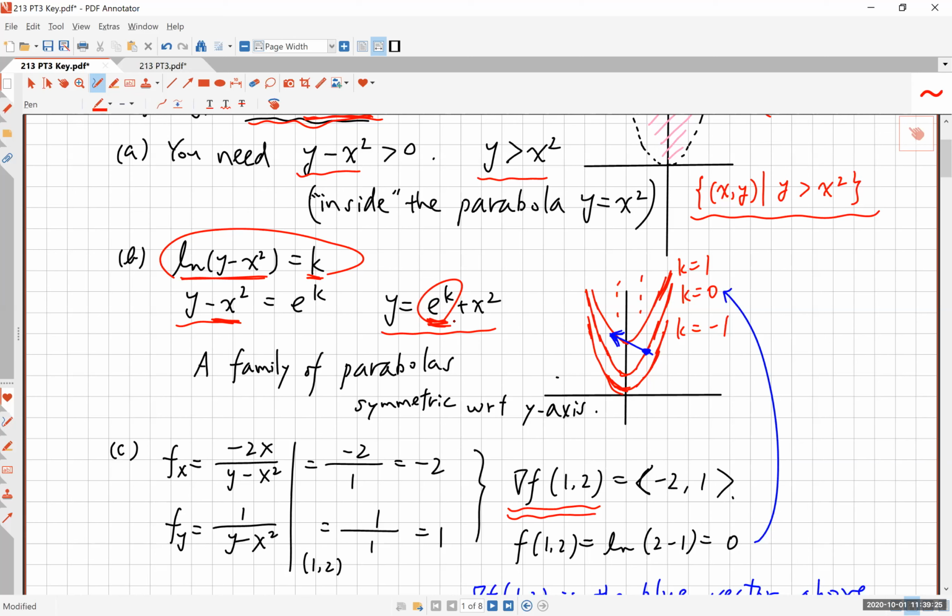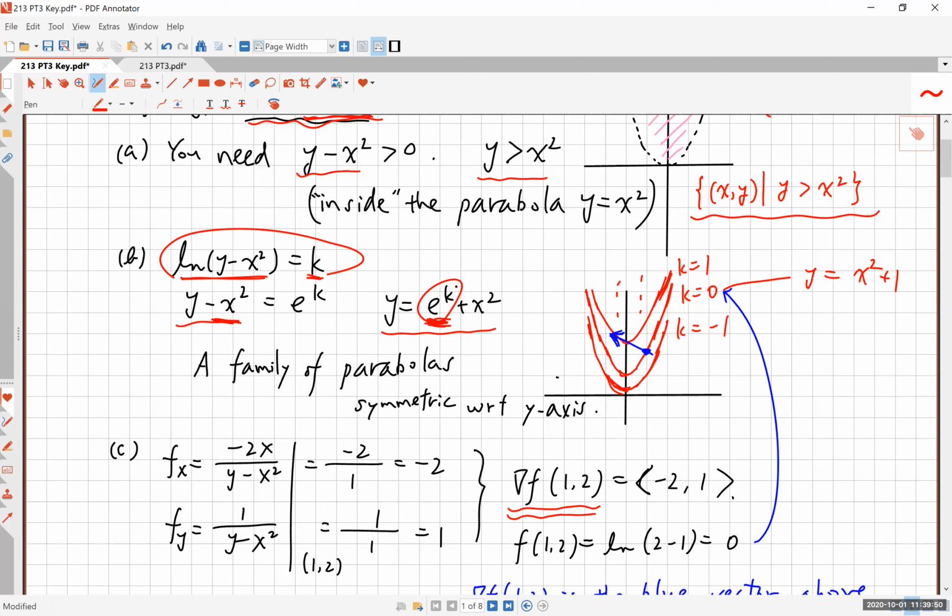In that case, you have y is equal to x squared plus 1, all right? And as k goes negative and negative and negative, -2, -3, -4, this does approach 0, but it never gets to 0. It's one of those fundamental ideas of calculus or mathematical analysis that e to any number is non-zero.